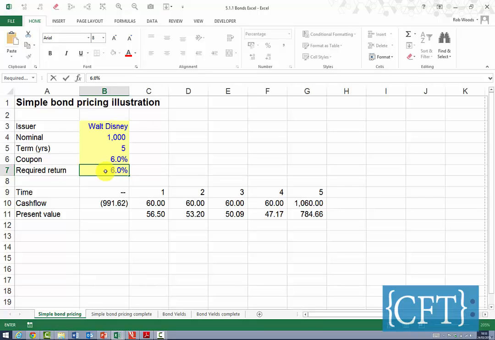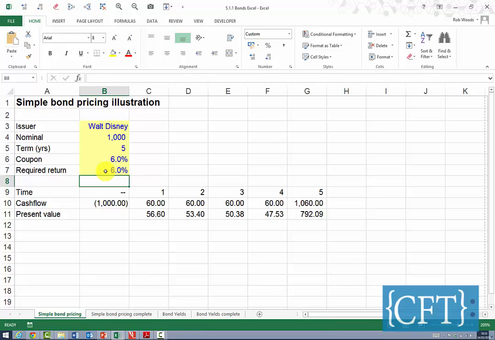Before I hit enter, I want you to think, what is the price of this bond going to change to? I require 6% from a bond which is going to pay 6% of 1,000. Hopefully you thought that the price of the bond in the marketplace would be exactly 1,000. I pay 1,000 today, I receive 6% of 1,000.